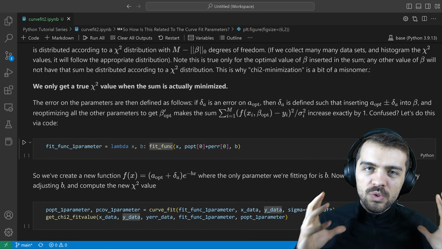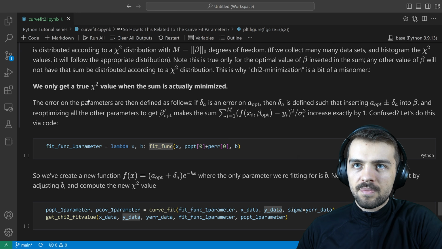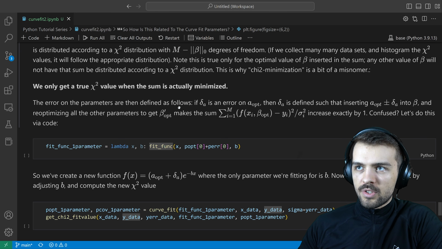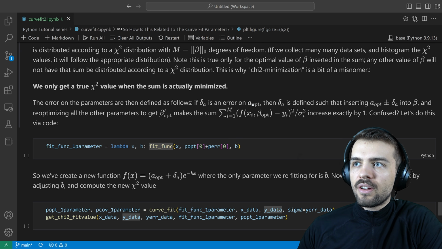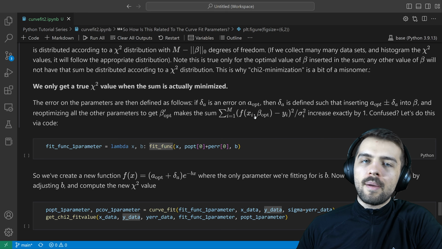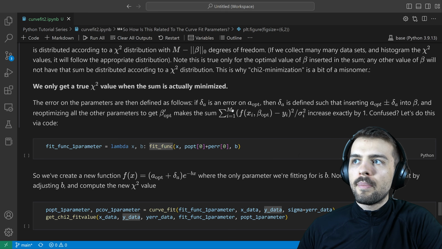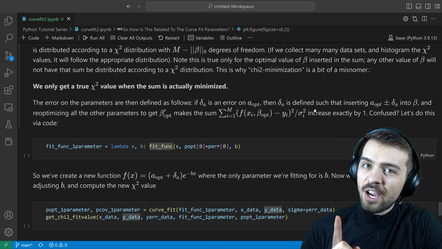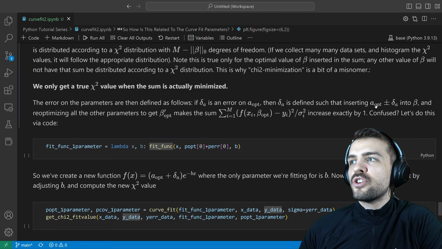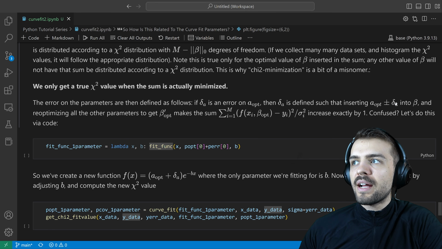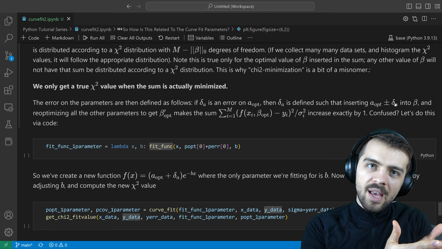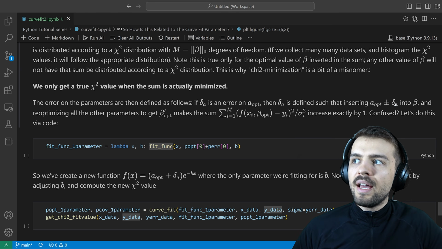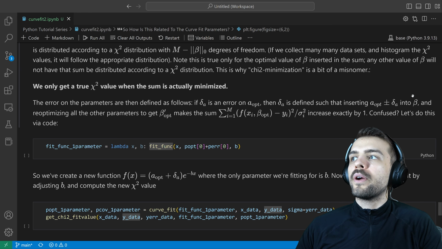Okay, so now we can define the error on the parameters. We have all the tools and functionality to understand what it means. The errors are defined as follows. If delta A is an error on A optimal, so I have my optimal parameters and my error on my parameters, I showed them above, then delta A is defined as follows. And you have to be very careful here. If I insert my optimal parameter plus or minus the error, so my optimal parameter is 2, and it tells me my error is 0.1, then suppose I insert 2.1 into beta.